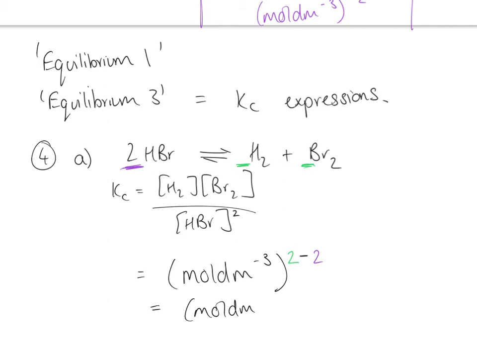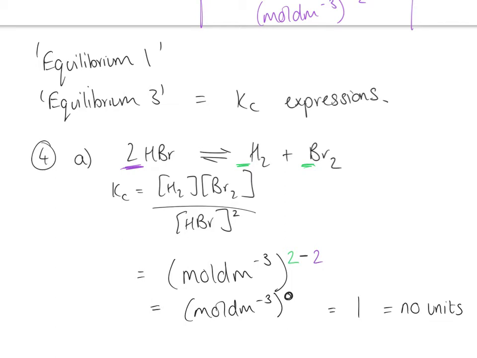So it's going to be moles per decimeter cubed to the power of 0. And we know that anything to the power of 0 is just 1. And in other words, there's no units. And where there's no units, you need to state the words no units rather than just not writing anything.